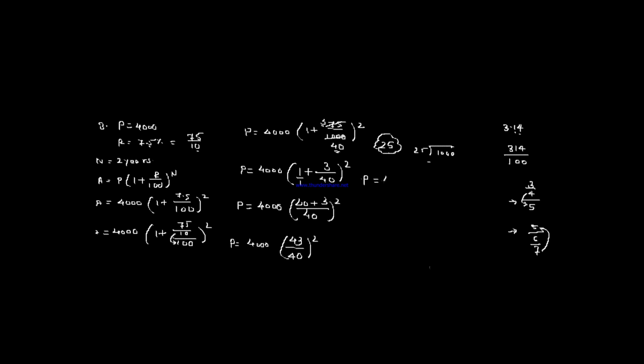So here P is equal to, sorry, my mistake, I have written the P here. This is the A. A is equal to 4,000 into 43 upon 40, again 43 upon 40.